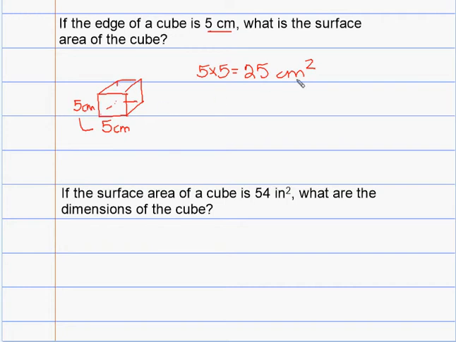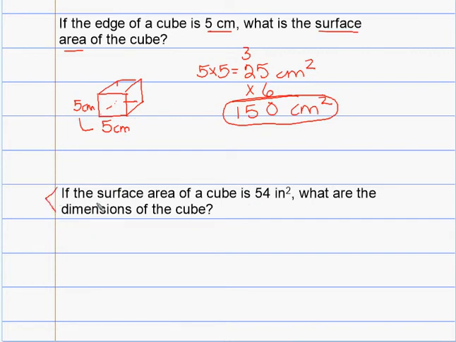And there are 6 that are identical, so we would multiply times 6, 150 centimeters squared. So the surface area, the area of all of the faces of that cube is 150 centimeters squared.